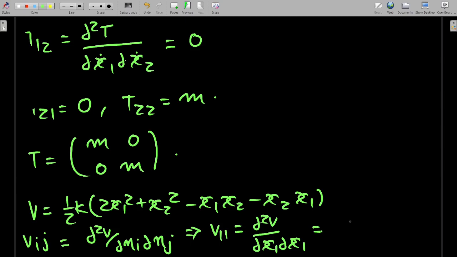Then our V11 is 2k, because if you differentiate del 2 V upon del x1 and del x1, it becomes 4x1, then divided by 2, it becomes 2k.